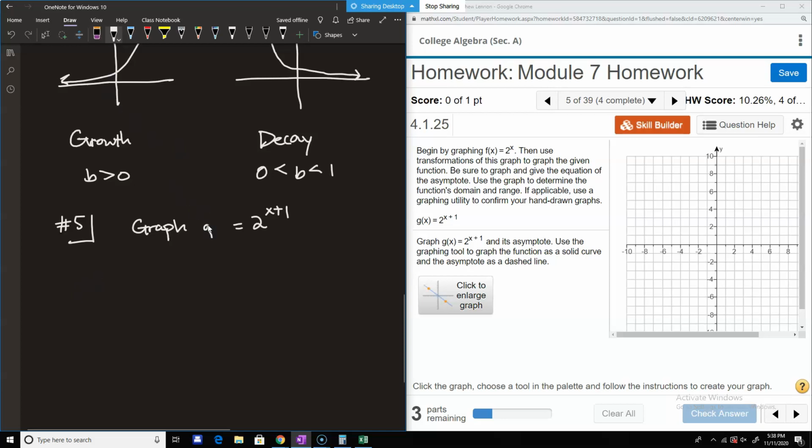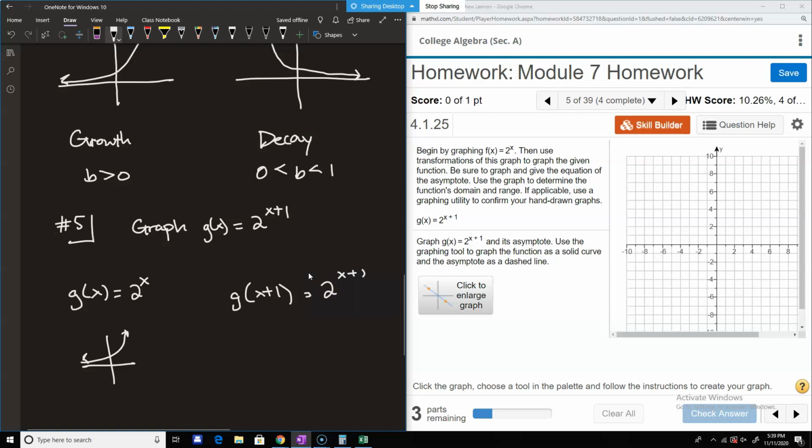We talked about transformations. g of x would look like the first graph up there. It would just be an exponential growth graph. So if you do g of x equals, say, 2 to the x, you would get one of these growth graphs. And then if you talked about g of x plus 1, that would give you this 2 to the x plus 1.